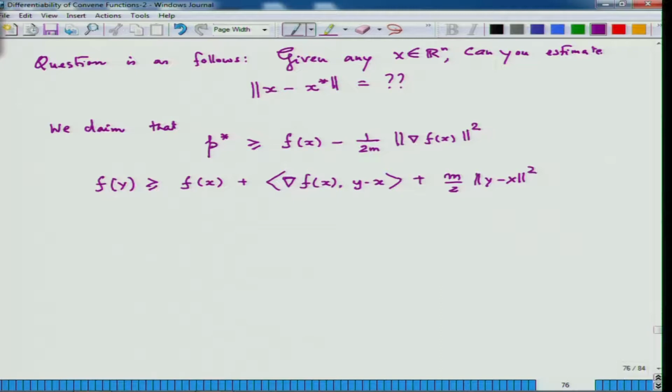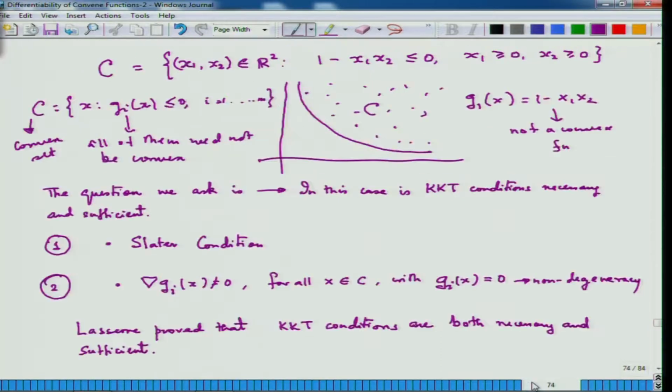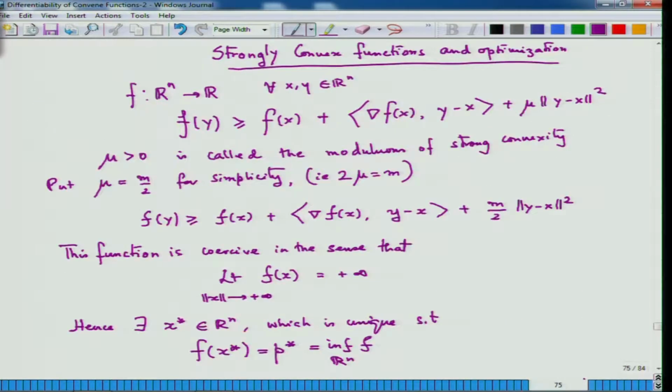Of course, in our definition of strongly convex function, we started with the case where f is differentiable. I am not getting into the issue of when f is not differentiable. A strongly convex function is always convex, because this term is greater than or equal to 0. So this whole thing is bigger than this whole thing, but a convex function need not be strongly convex.